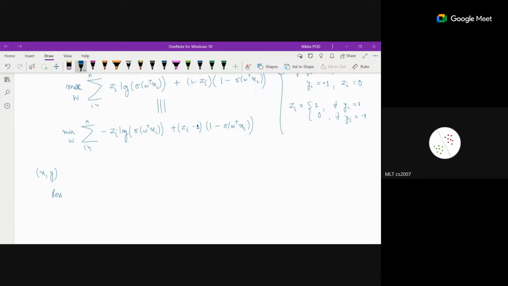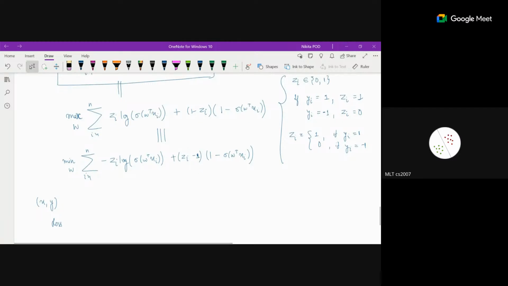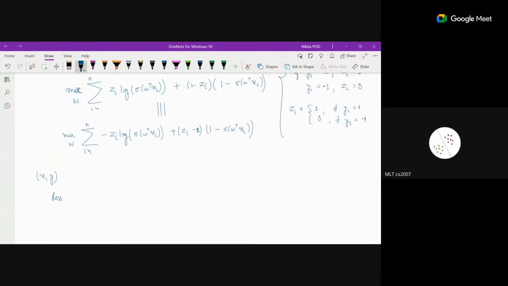Now you have two cases: one is when zi is equal to 1, and the other is when zi is equal to 0. Let's first look at the loss for xy if my zi is equal to 1.